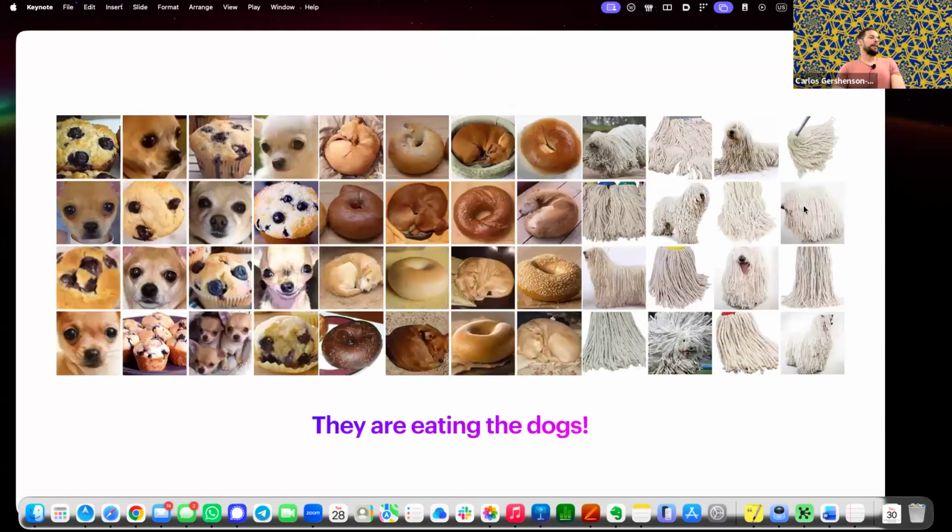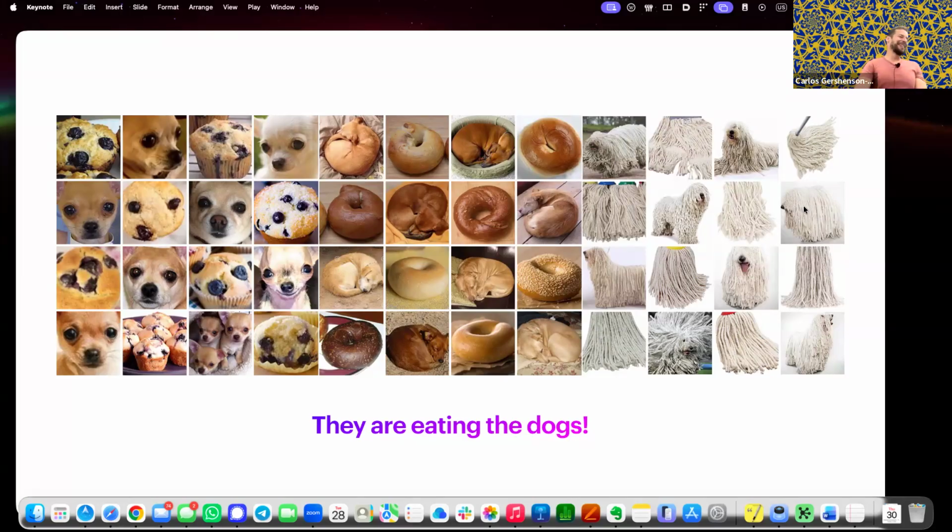But then there are other problems that are more of a statistical nature. So probably you have seen these images where vision algorithms usually confuse dogs with food or other items. Are you able to distinguish which ones are the dogs and which?